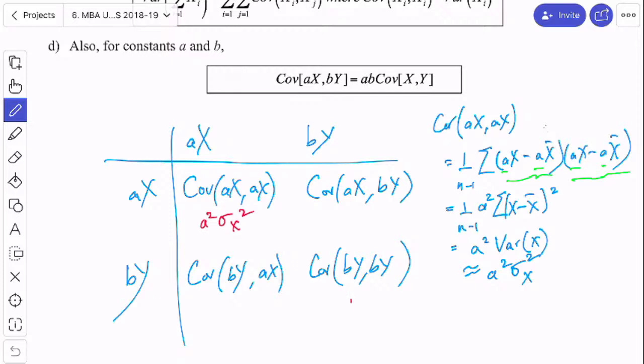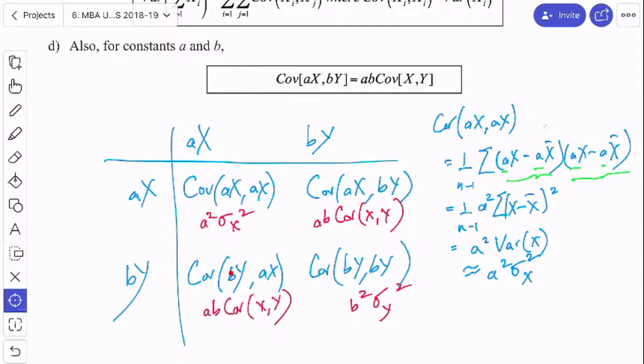And this one down here reduces to b squared sigma y squared. And that just leaves these two terms. With the same logic, you'll see that this reduces to covariance xy times the scalars, and so does this. And that is where the two covariances come from.